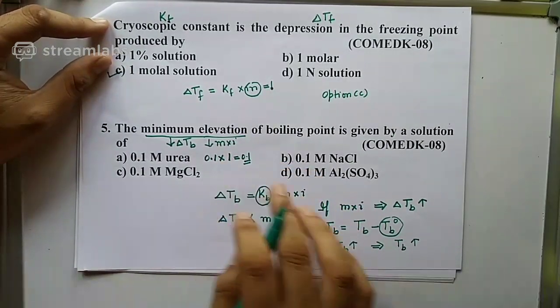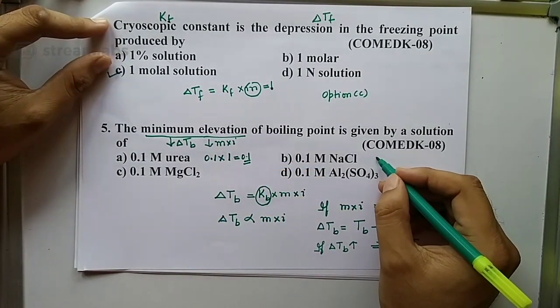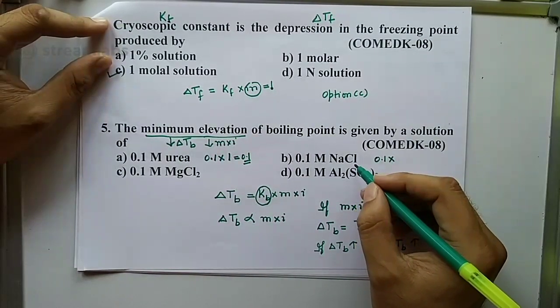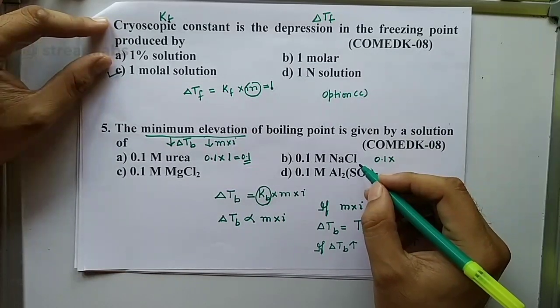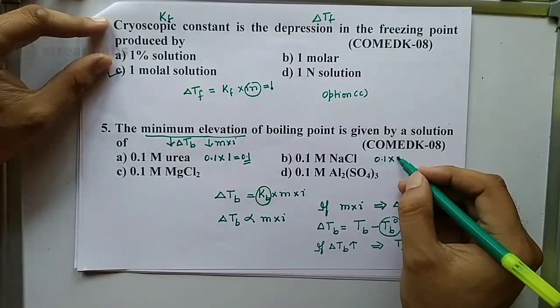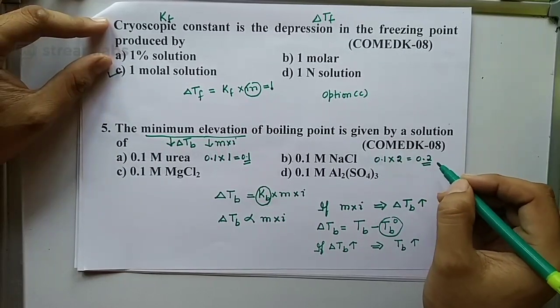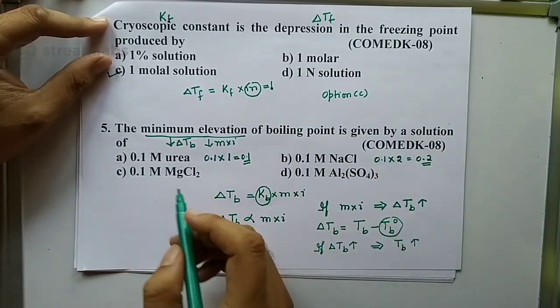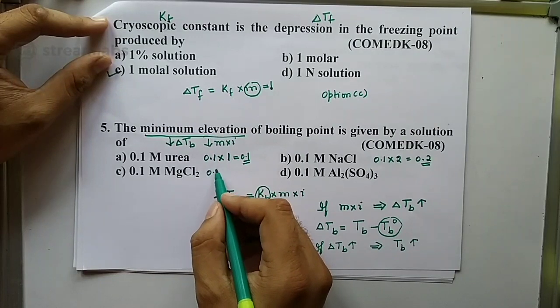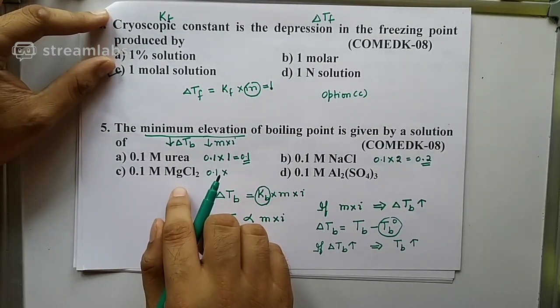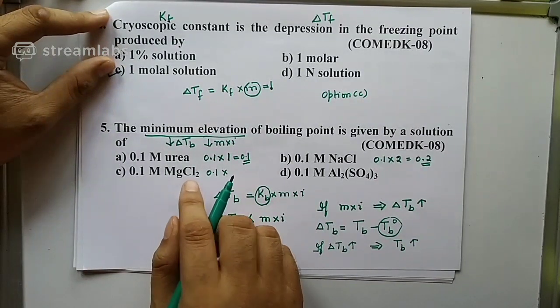So we want the minimum M into I product. For NaCl, it will be 0.1 multiplied by, assuming 100% dissociation, 1 mole of NaCl dissociates to give 2 moles, so the Van't Hoff factor is 2. This is 0.1 into 2, equal to 0.2. For MgCl2, it is 0.1 multiplied by 3, since 1 mole of MgCl2 produces 3 moles of particles, that is 1 Mg2 plus and 2 Cl minus.